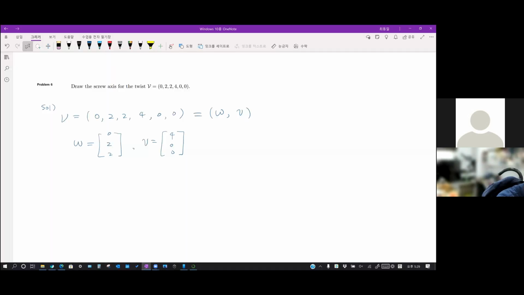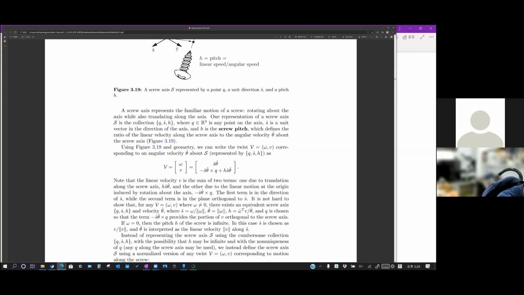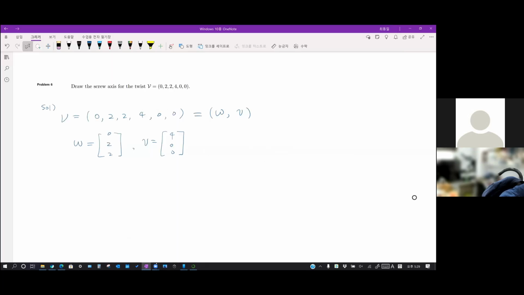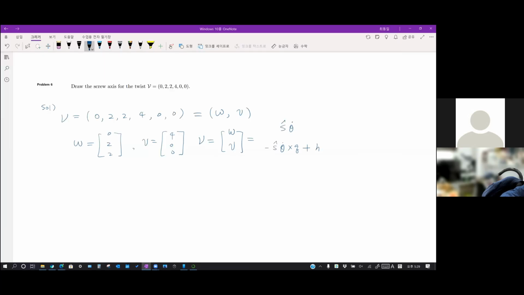Okay, the twist can be written as this equation. So twist nu is omega, V, and this one is S hat theta dot, minus S hat theta dot cross Q, plus H S hat theta dot.